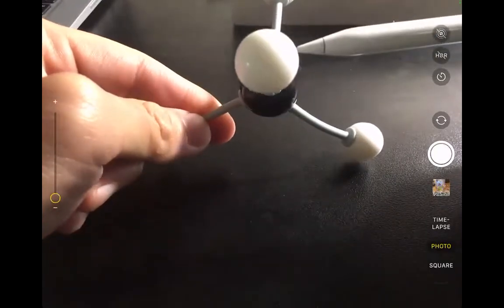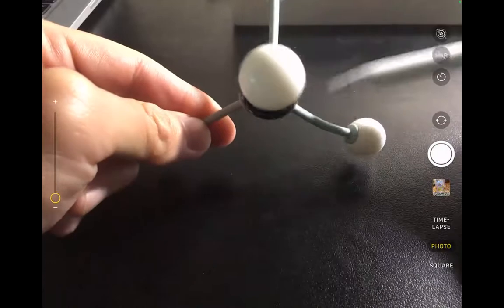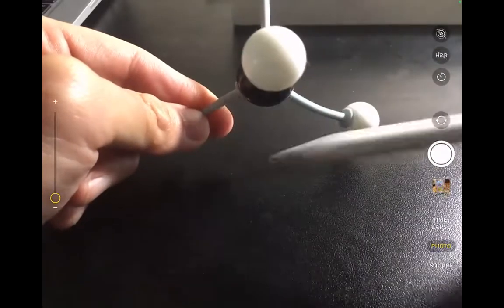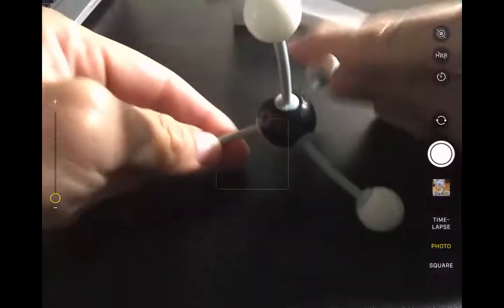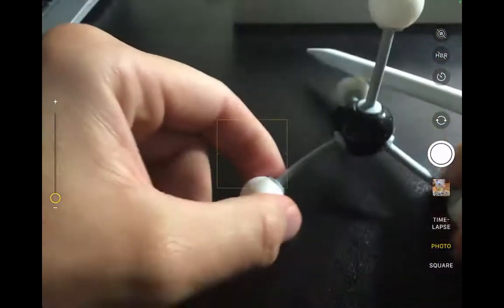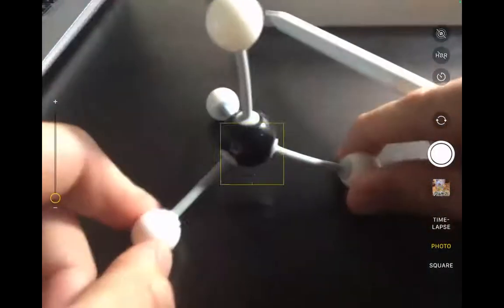So if you're looking at it from the top down, then all three of these would be dashed. We're only focused on drawing one depiction of tetrahedral, but I just wanted to bring that into light.